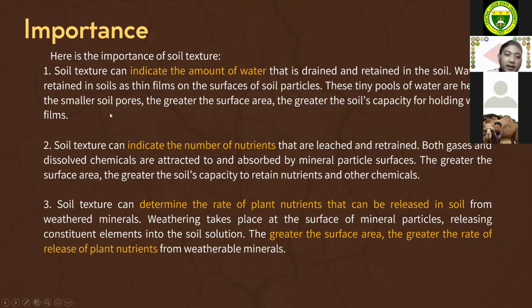Then, second is soil texture can indicate the number of nutrients that are leached and retained. Both gases and dissolved chemicals are attached to and absorbed by mineral particle surfaces. The greater the surface area, the greater the soil's capacity to retain nutrients and other chemicals.